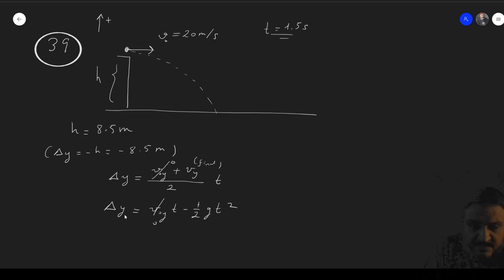So delta y is negative h. Therefore, t is equal to the square root of 2h divided by g. So let's find this t.